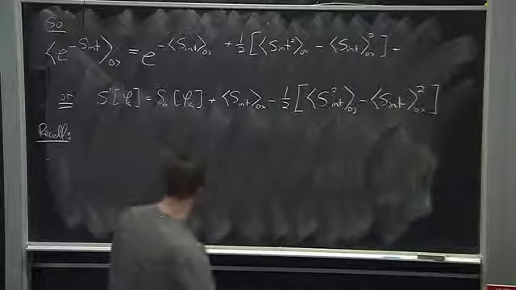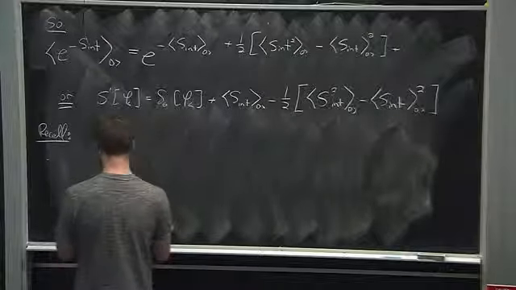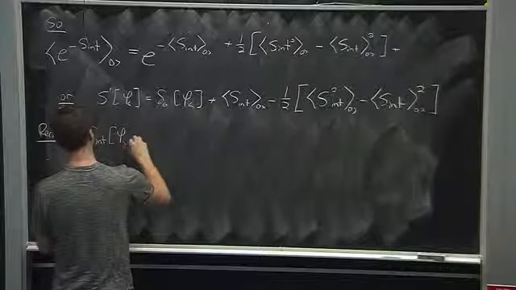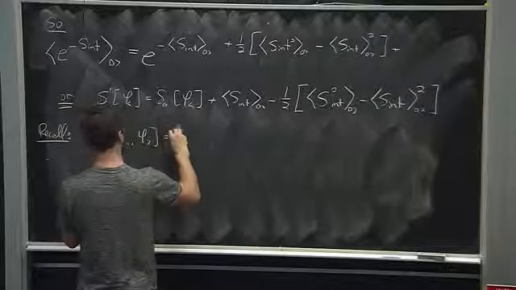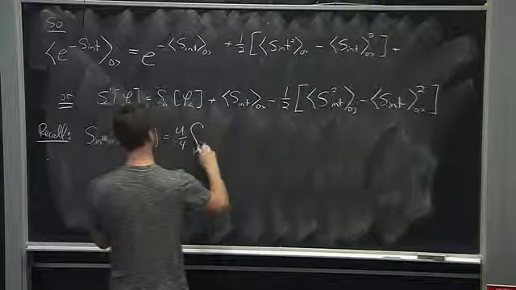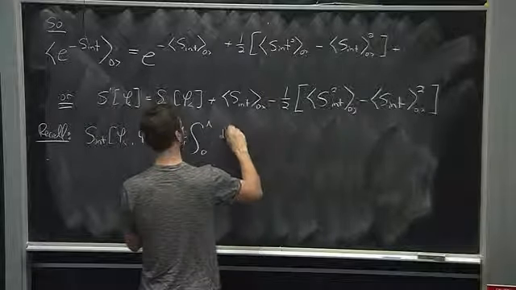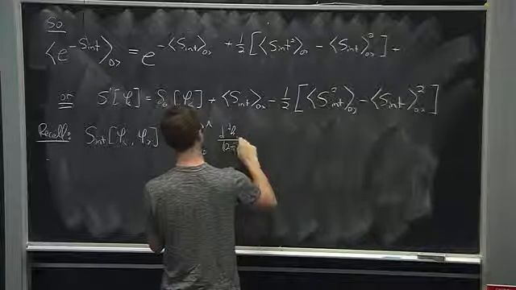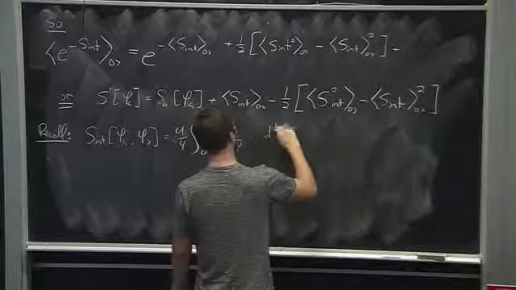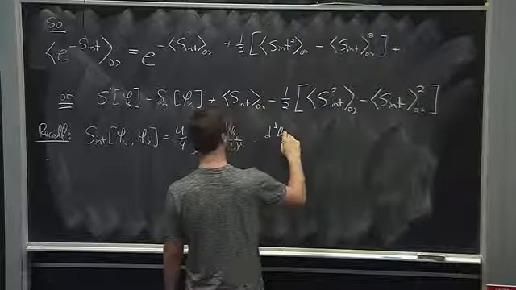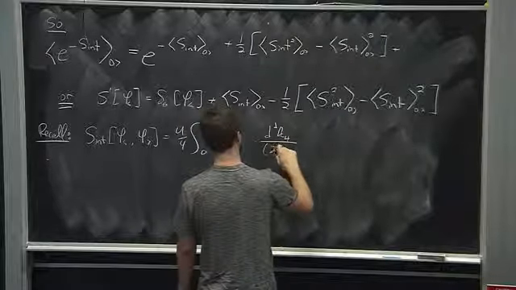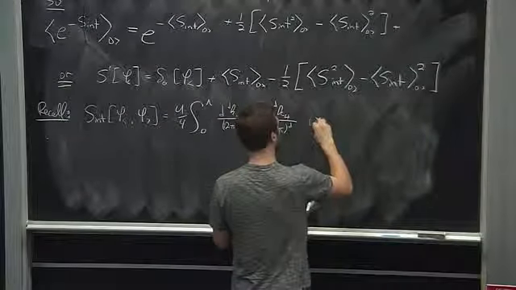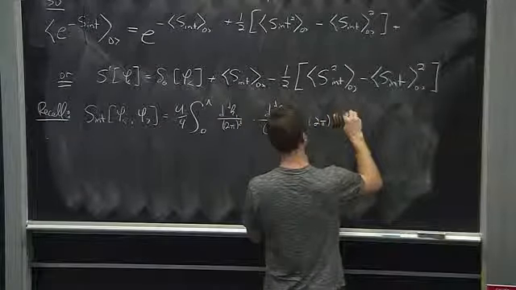I haven't really been worrying about it too much, but there are 4 fields, 4 momenta, so write the delta function up front.